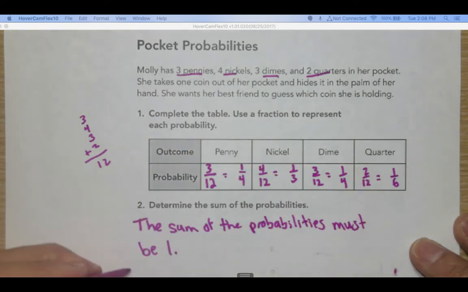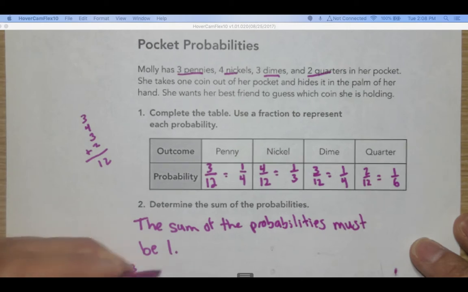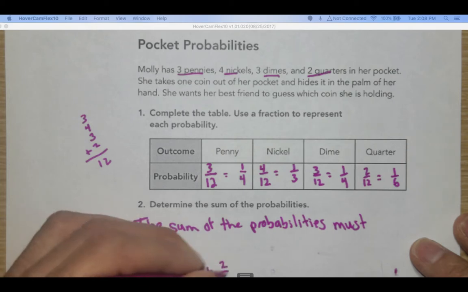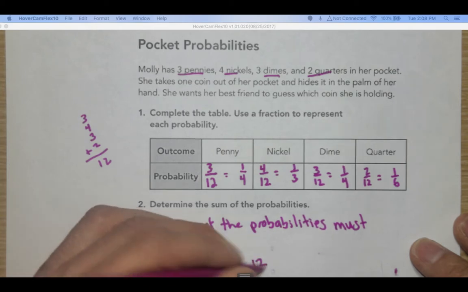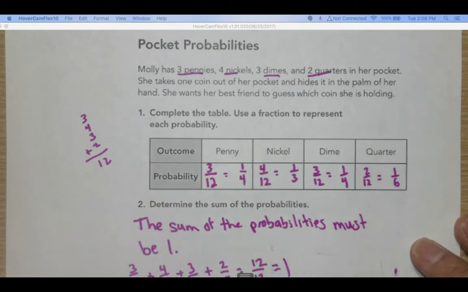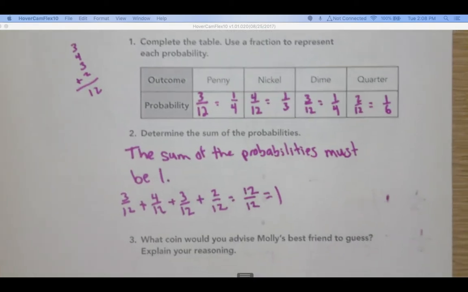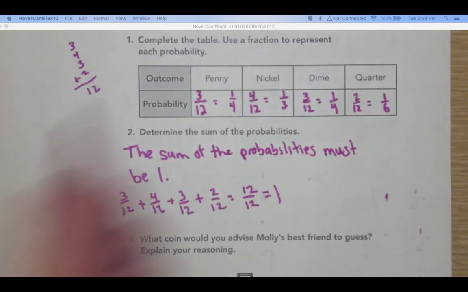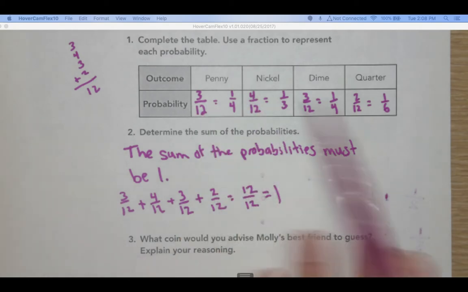And if I think about it, 3/12 plus 4/12 is 7/12, plus 3/12 is 10/12, plus 2/12 is 12/12, which is the same as 1. Okay. When I take a scenario and I take all of the probabilities and add them together, that would be 100% of the chances, and so it should equal 1.